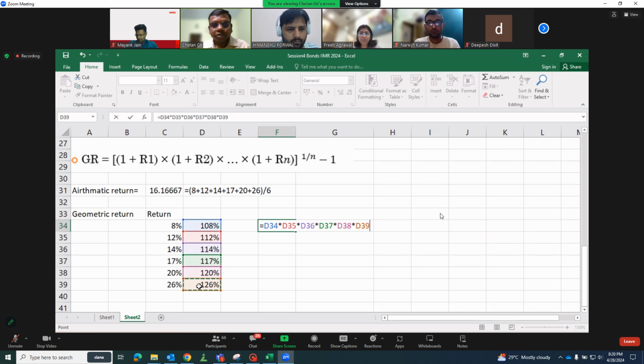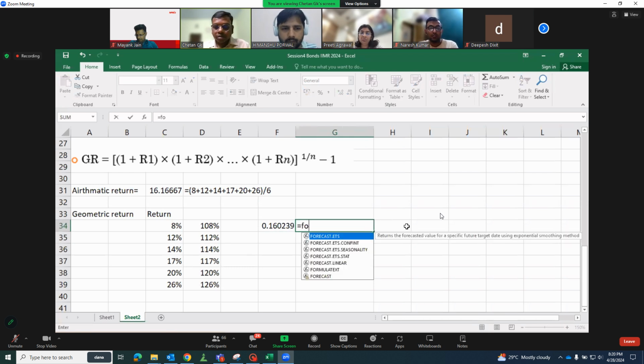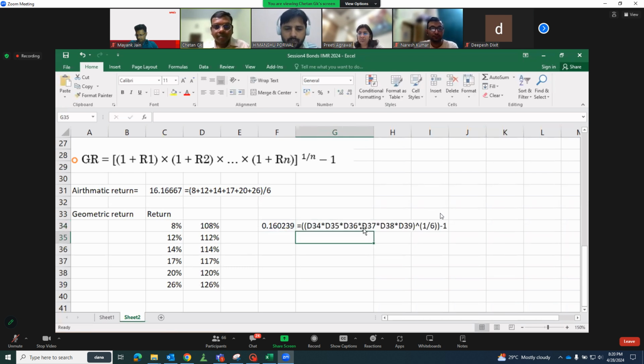Multiply. Next is what? Whole raised to 1 by n, 1 by 6, 1 divided by 6, right? And then minus 1, right? Are you getting the same answer as mine? Yes, sir. Same answer.